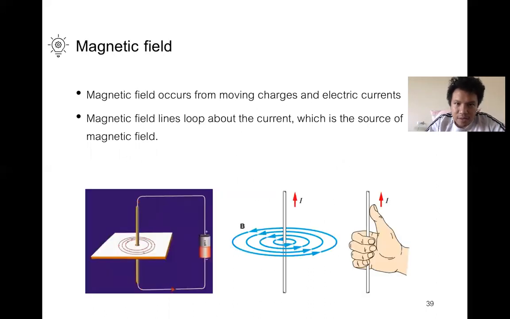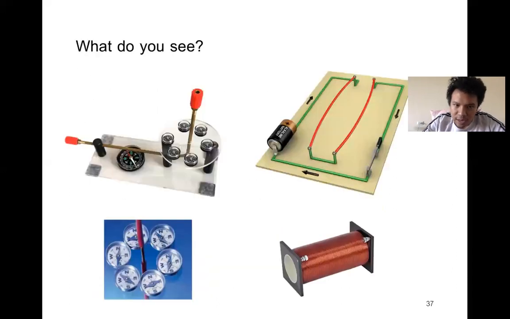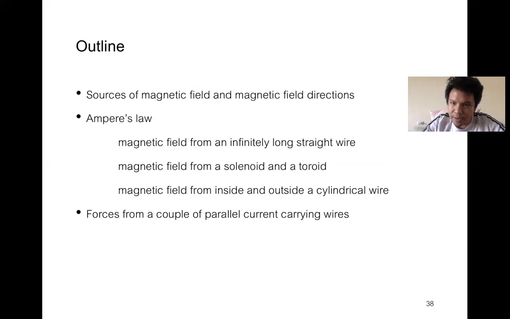So, magnetic field. In theory, a magnetic field occurs from moving charge and electric current. As long as we have charge moving, it will generate a weak magnetic field, but it does generate some magnetic field around it, as we discussed before in the compass picture.